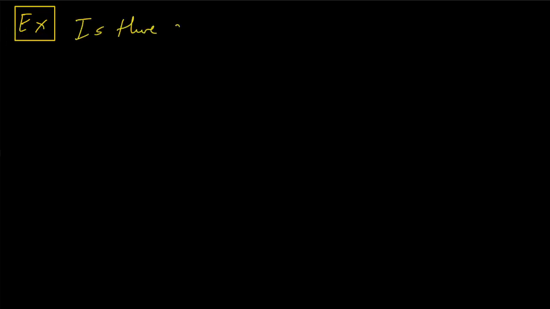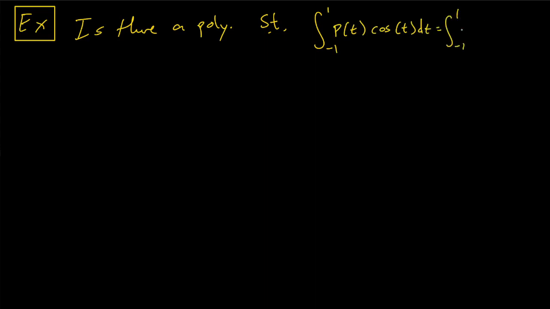Is there a polynomial such that the integral, let's say from -1 to 1, that you could pick any other upper and lower bound that you feel like, of p(t) times cosine of t dt is equal to the integral from -1 to 1 of p(t) q(t) dt? So let's say a polynomial q(t) such that this holds for all p in, say, how about P2(R)?